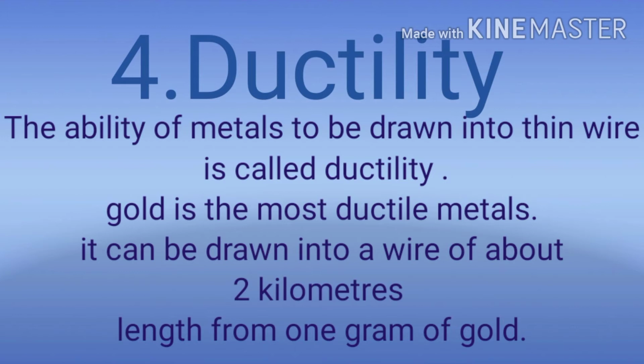It can be drawn into a wire of about 2 kilometers length from 1 gram of it. It is because of their malleability and ductility that metals can be given different shapes according to our needs. Non-metals, on the other hand, are neither malleable nor ductile.